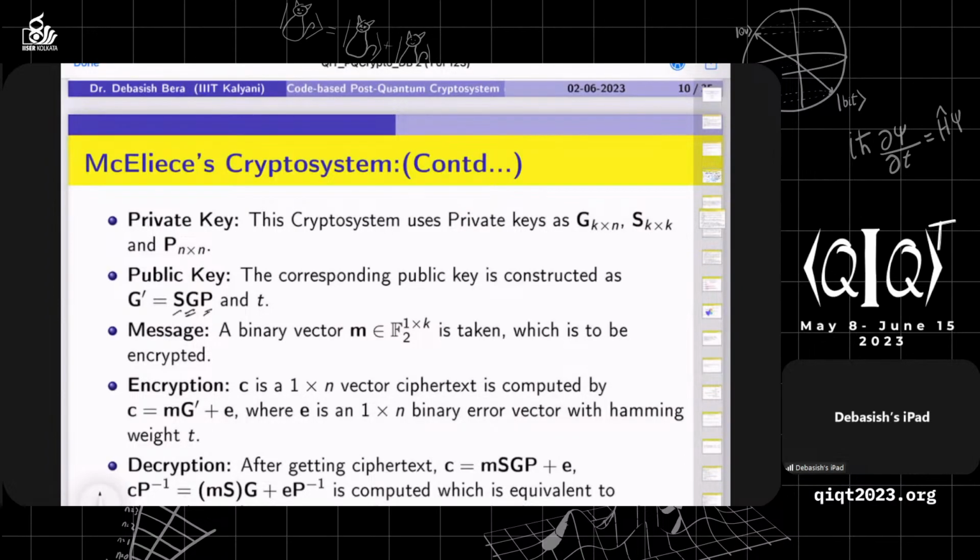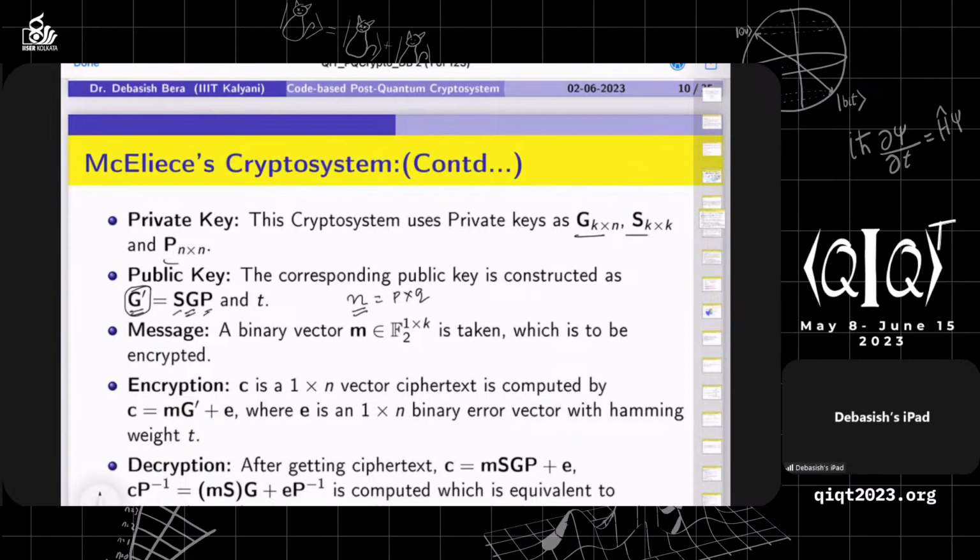Then he makes a G prime. This G prime is made public. In the normal PKC system, N equals P times Q, and N is public. Similarly, here G prime is public, but he keeps the actual G and the random S and P matrices, these three things, private.